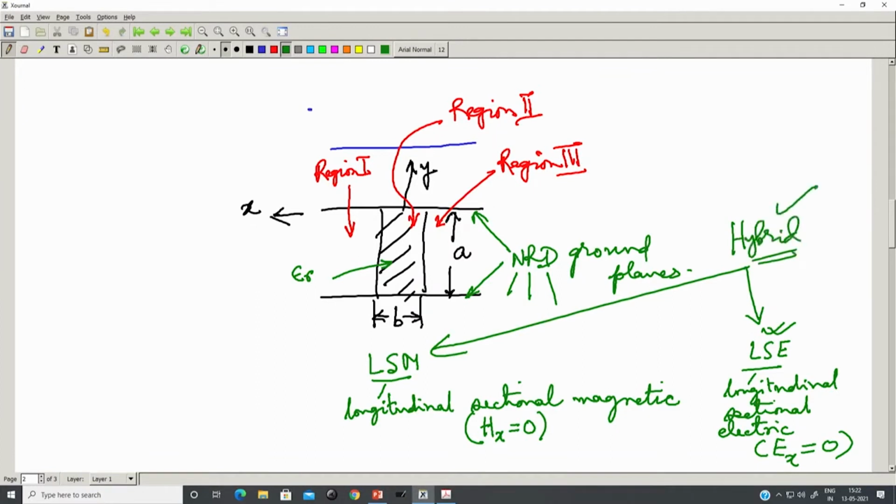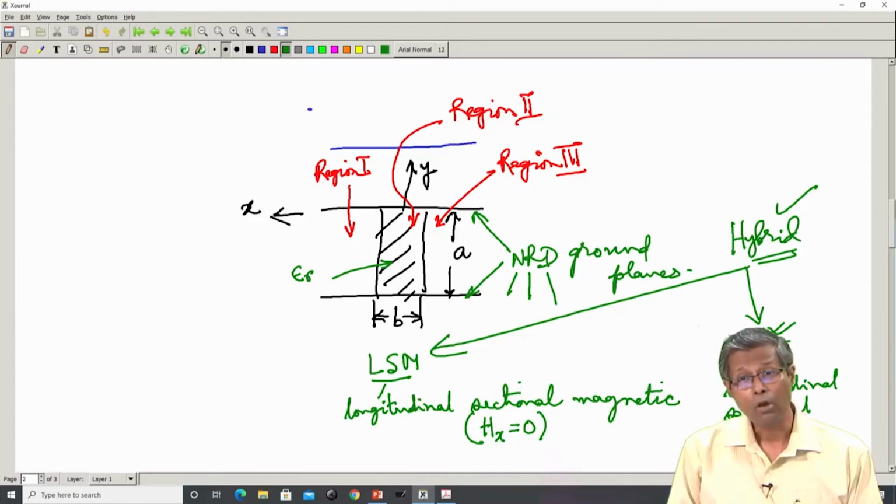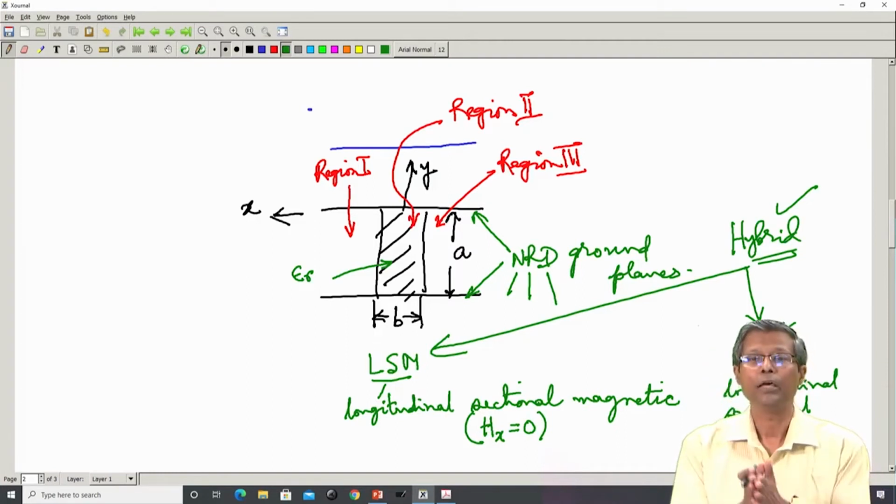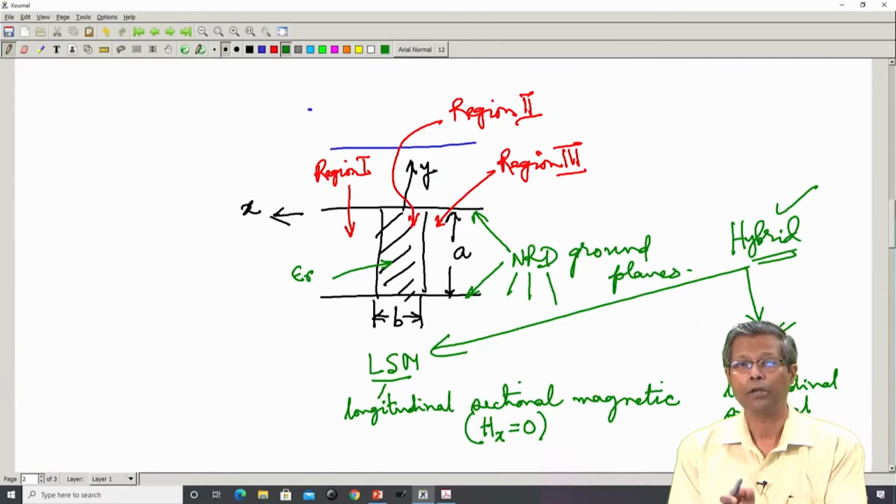This can be distinguished from the rectangular waveguide, where we either have the Z component of the electric field to be 0 or the Z component of the magnetic field to be 0. Okay, the TE to Z or the TM to Z modes. So, this distinguishes the non-radiating dielectric waveguide from the rectangular waveguide.